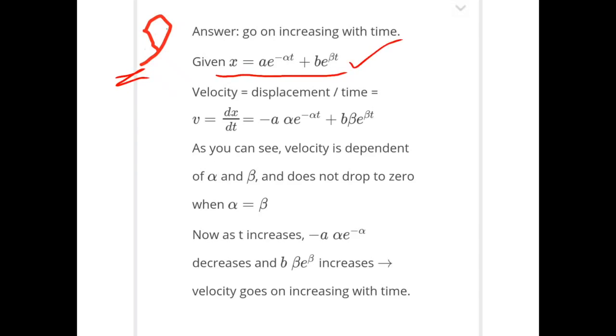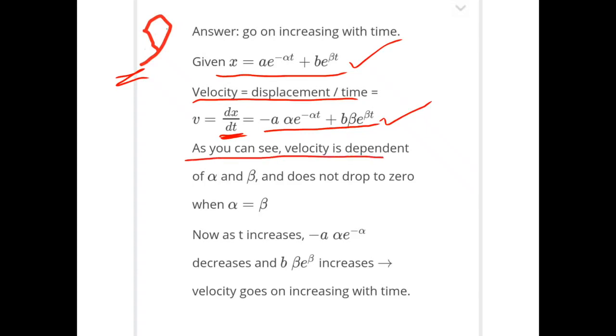You know, velocity is equal to displacement by time. That means I am differentiating the given equation x with respect to time, dx by dt. So I am getting minus alpha a e power minus alpha t plus beta b e power beta t. This equation we are getting.